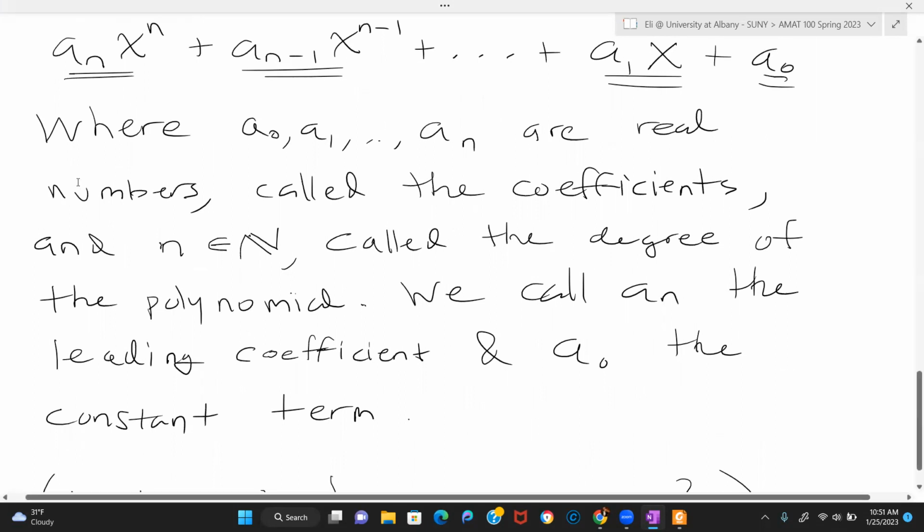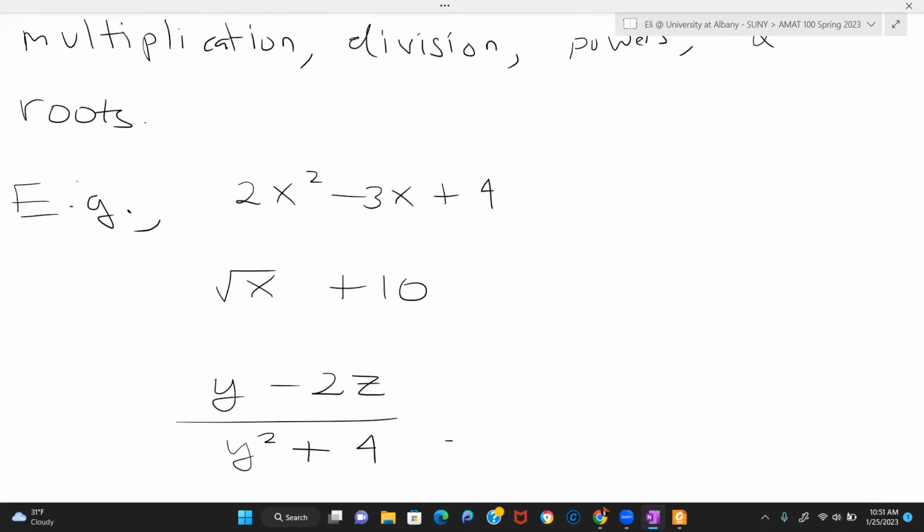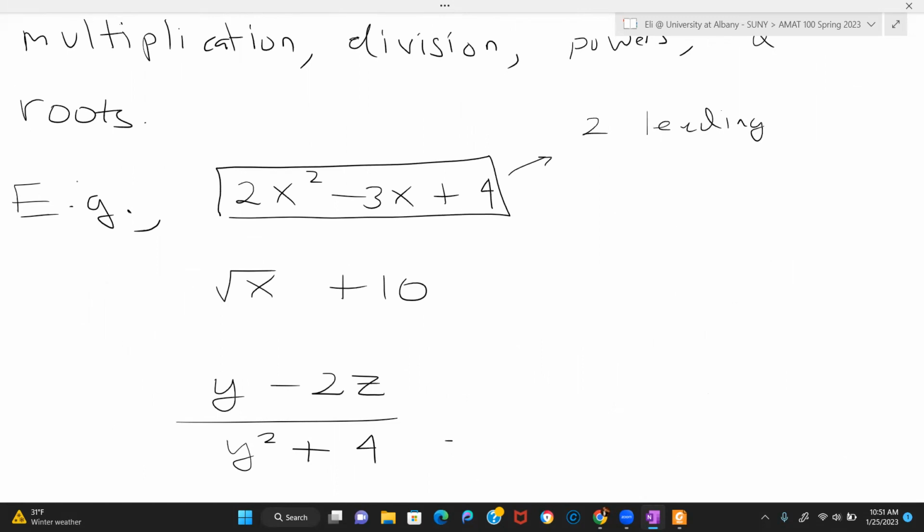So we've already seen a polynomial actually. This example right here is an example of a polynomial. So 2 is the leading coefficient, 3 is a coefficient, 4 is a coefficient, but 2 is the leading coefficient, and 4 is the constant term.